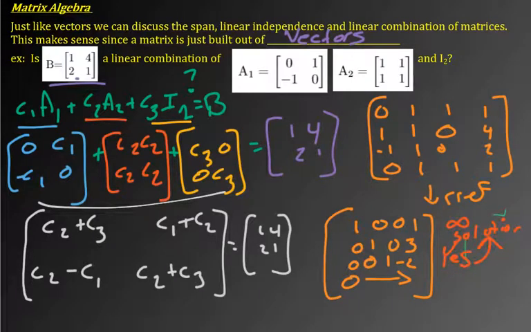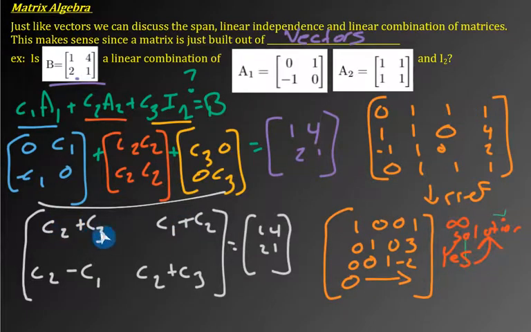And the weird thing here, I think, is just how I'm going from this to this. So just one more time, what I did there is I took the matrices and made them into column vectors. So 1 4 2 1, 1 4 2 1. And then I'm just setting up what conditions need to work out.